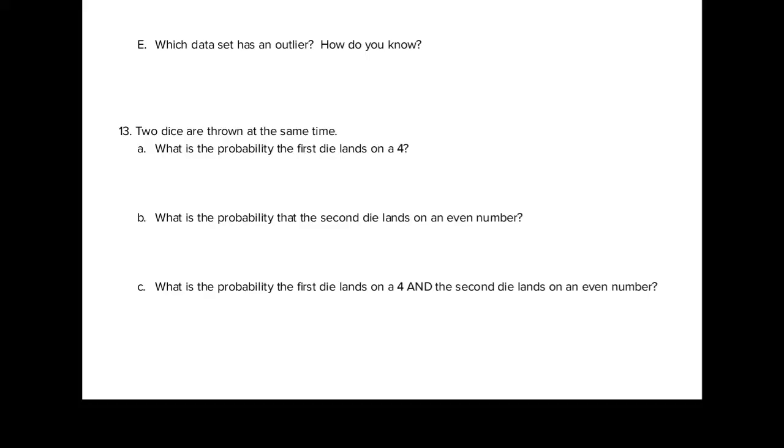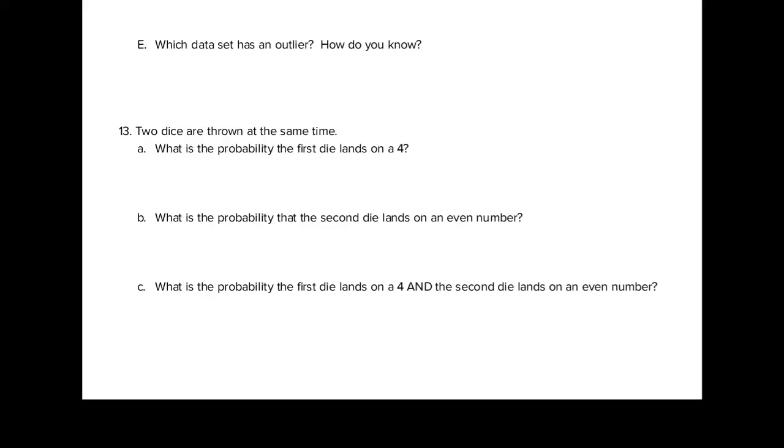So what is the probability the first die lands on a 4? Put your answer in the chat. Two dice are thrown. It is not 1 out of 4. Good try, but that is participation, so that's good. 2 out of 4.